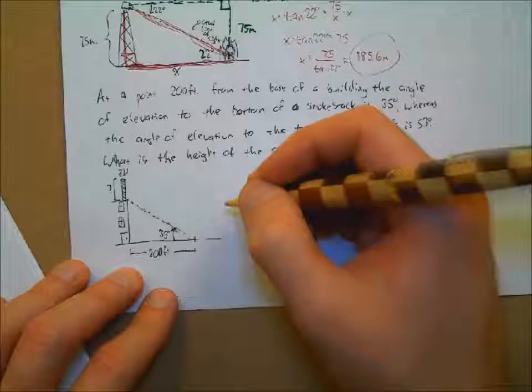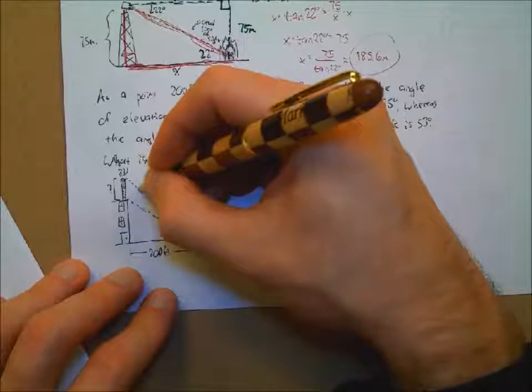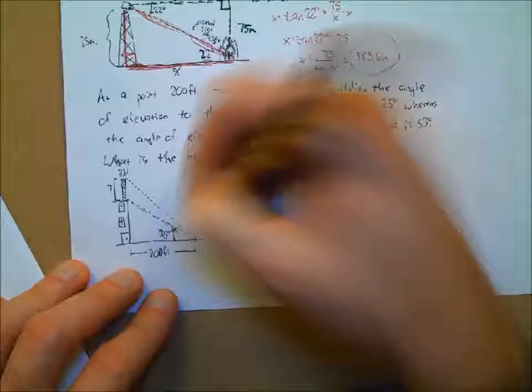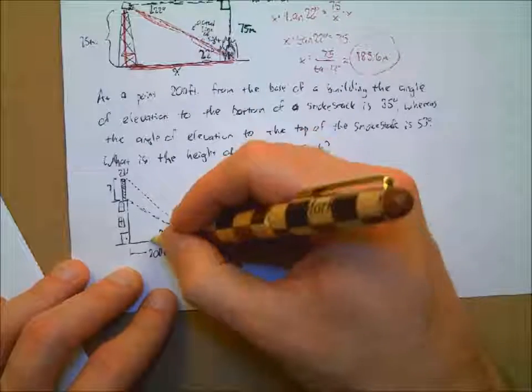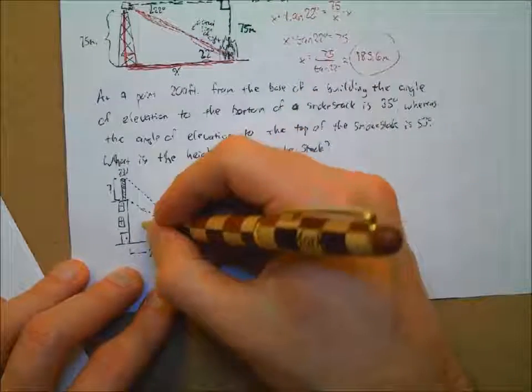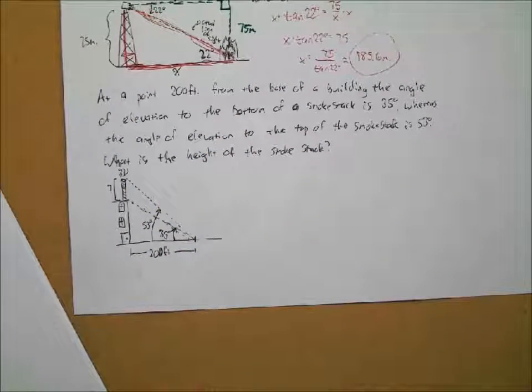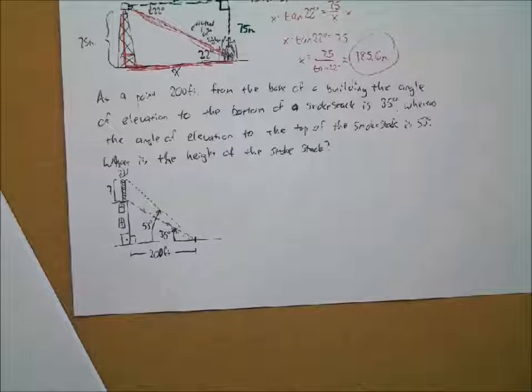And then from the same location, the degree measure to the top of the smokestack is what? 53. And of course we're going to assume that the factory makes a right angle there with the ground.